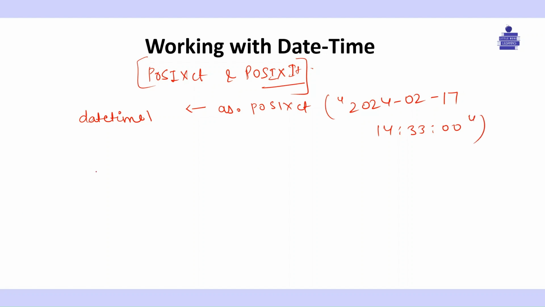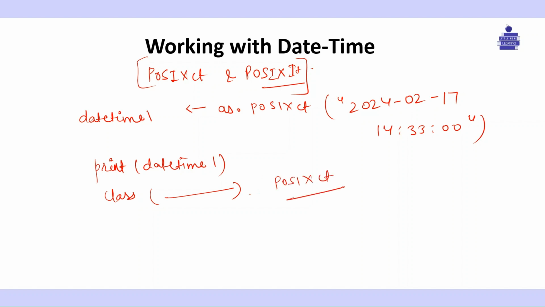We will print the variable datetime1 and then we can also check the class for the same variable. The class of this will be POSIXct, and POSIXct is commonly used in data analysis.